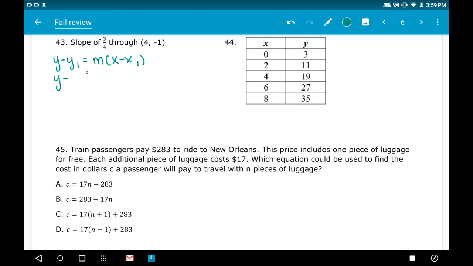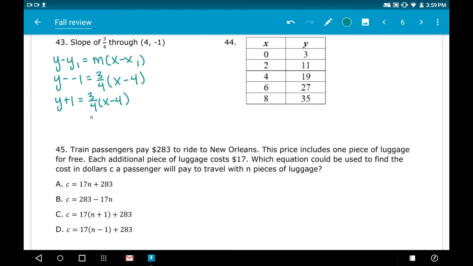So I have y minus, my y1 is negative 1, my slope here is 3/4, then I have x minus my x1, which is a positive 4. Minus a negative becomes y plus 1. And again, if it didn't tell you which way to write this, this would be our equation in point-slope form.